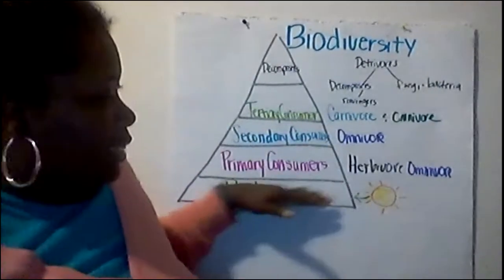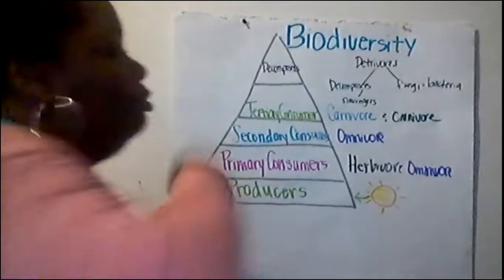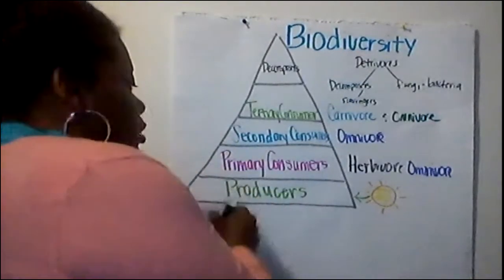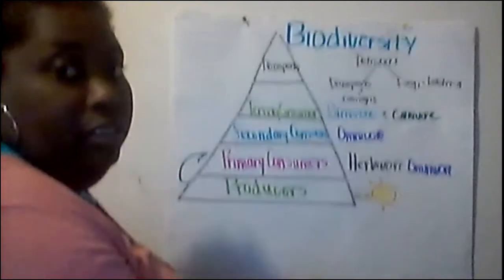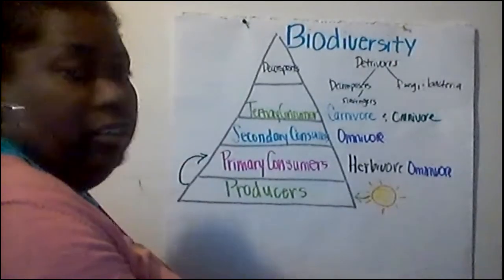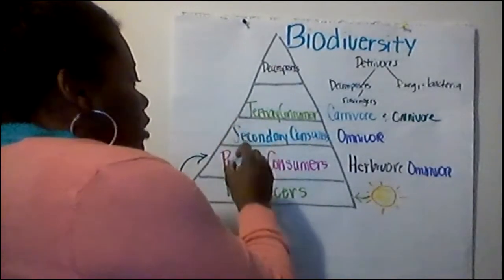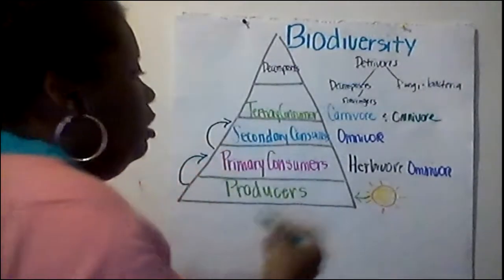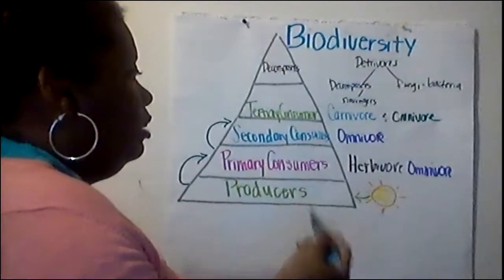And the plants make up this largest group. As each organism consumes another organism, so as a primary consumer consumes the producer, a portion of their energy goes to the primary consumer. As the secondary consumer consumes the primary consumers, a portion of their energy, about 10% of it, goes towards the secondary consumer.